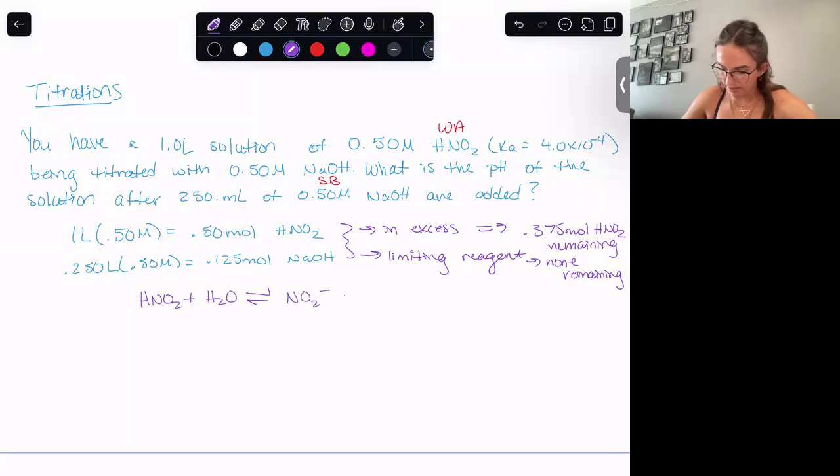We'll have NO2 minus and H3O plus. Remember, we're working with a weak acid, so we should be forming that H plus, or that H3O plus ion, on our product side because we want that acidic portion of our titration. So once we have this, what are we plugging in for the initial concentration of HNO2?